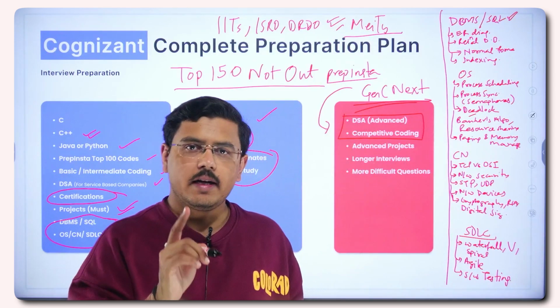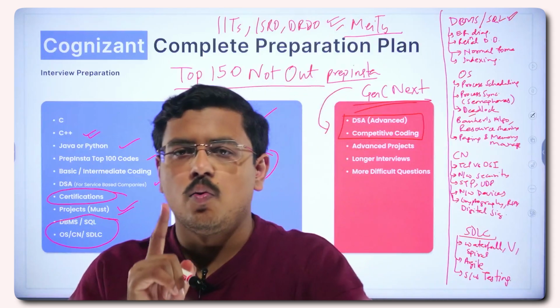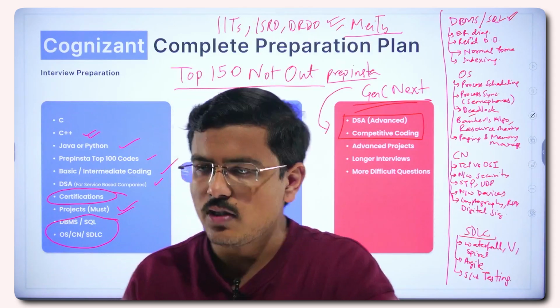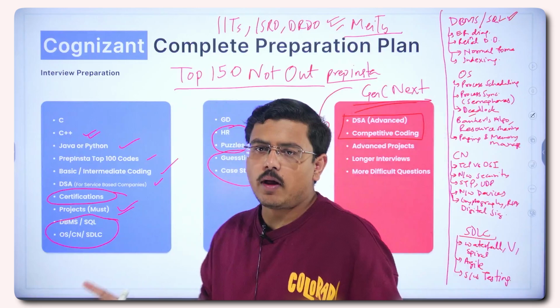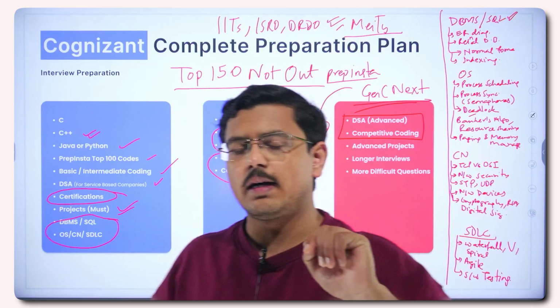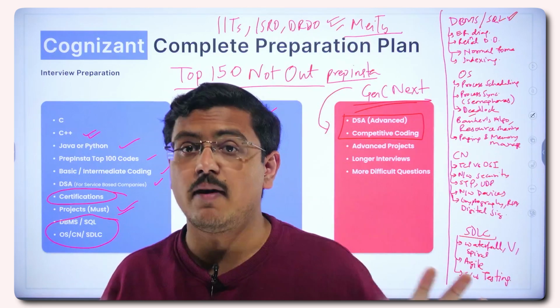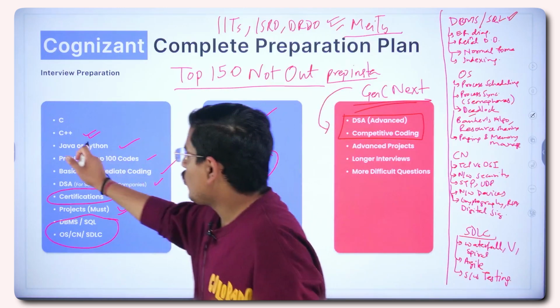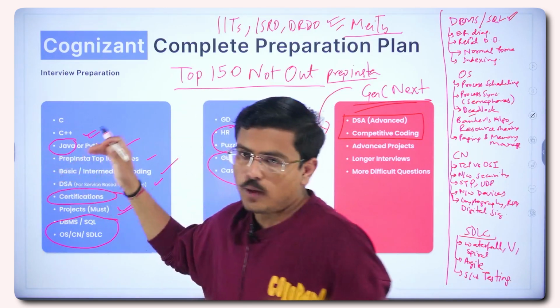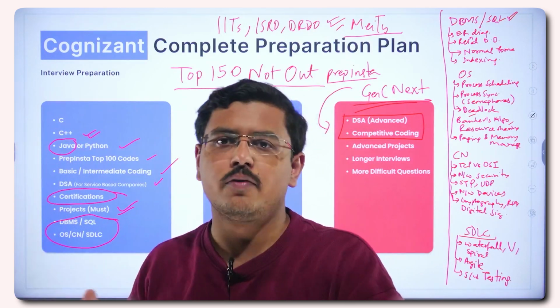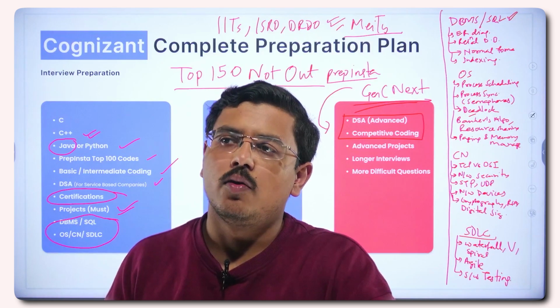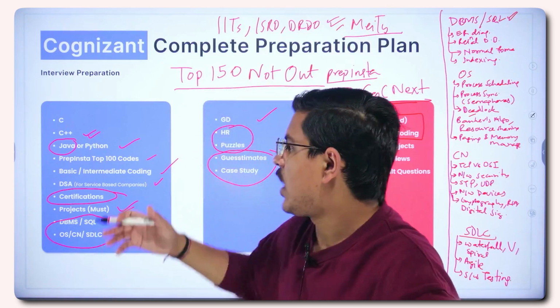Now in Cognizant, let me tell you, one thing is important, which is module 1, the skill module 1, that is mandatory, which is based on Java and SQL. So Java you have to study. You can choose C++ for interview if you're comfortable, but you have to appear for the Java test.